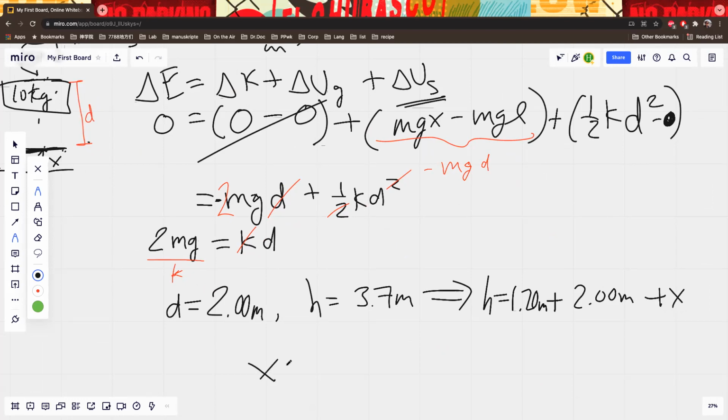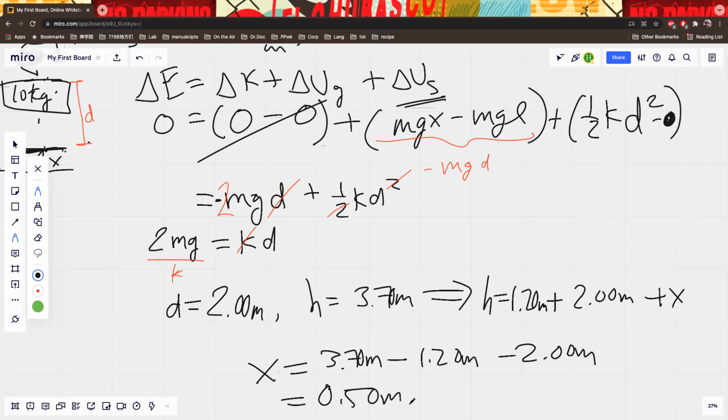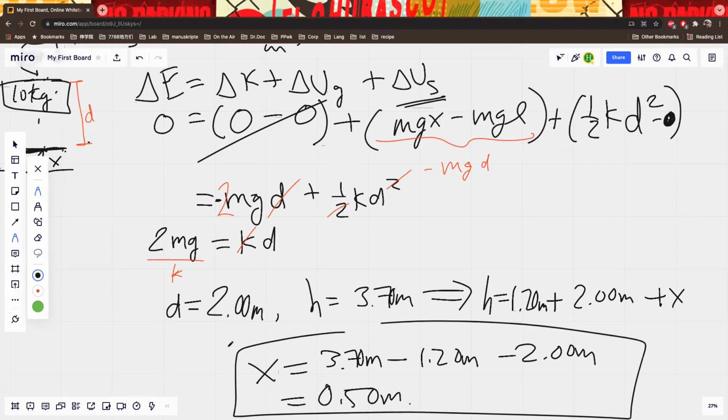So then x equals 3.70 meters minus 1.20 meters, minus 2.00 meters. And this just ends up being 0.50 meters. All right. Perfect.